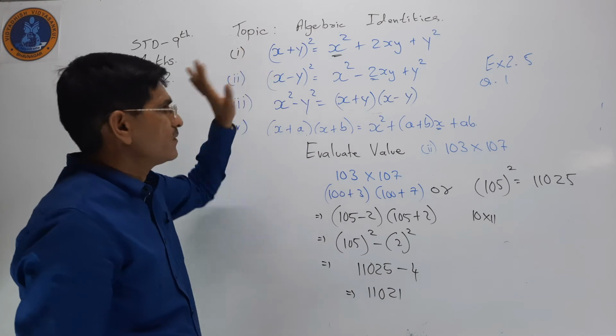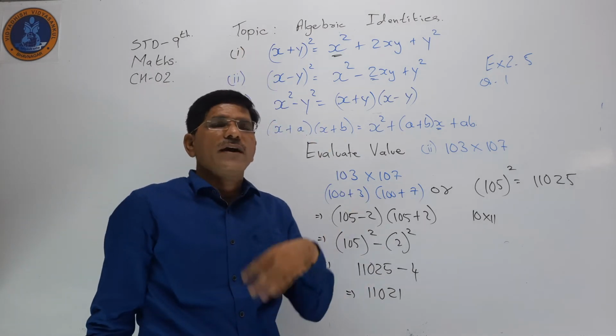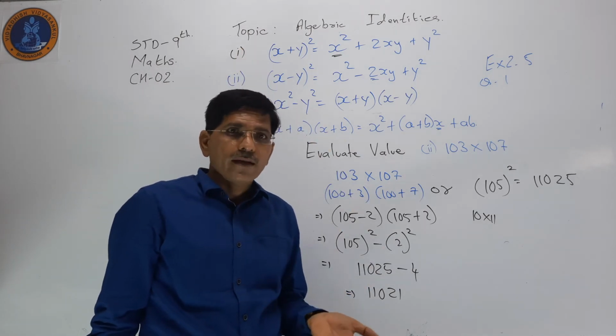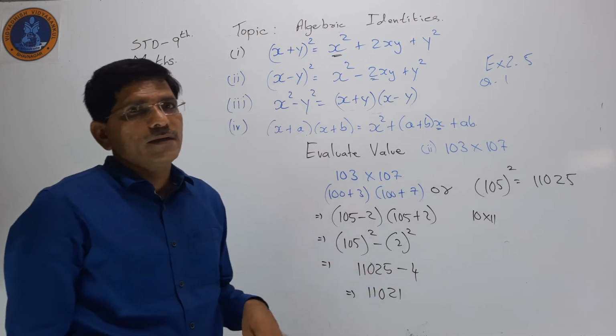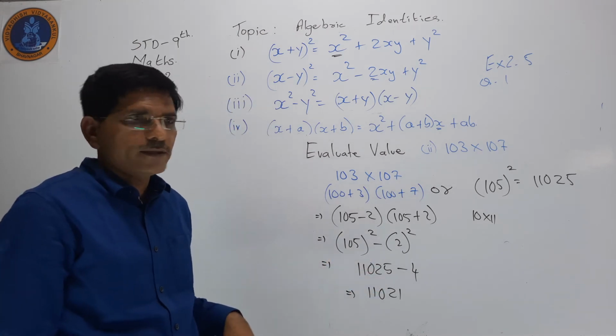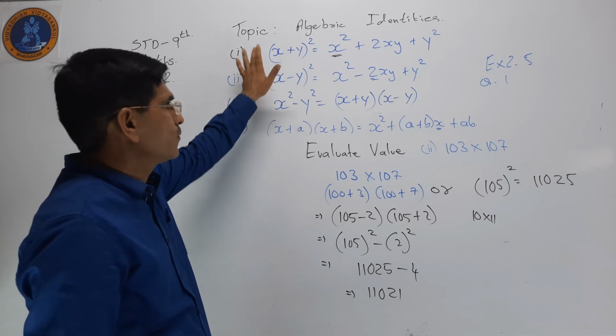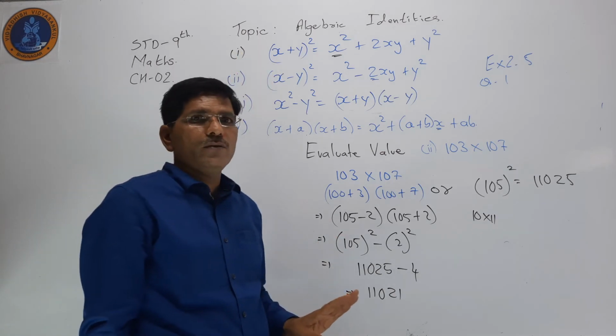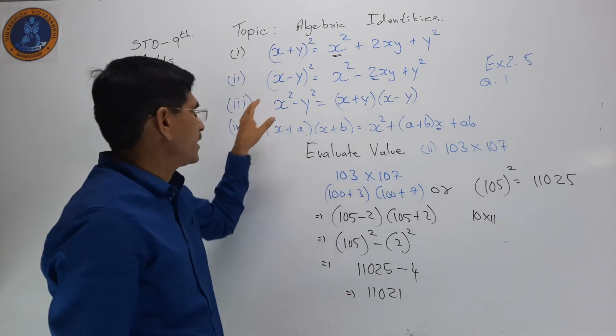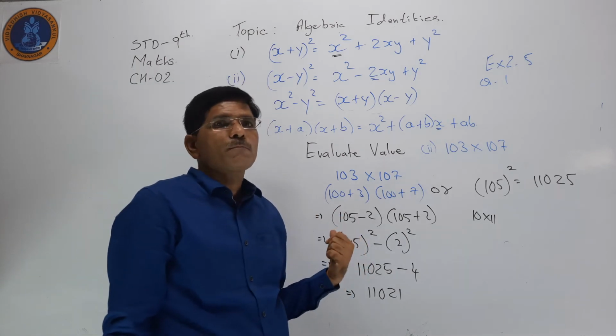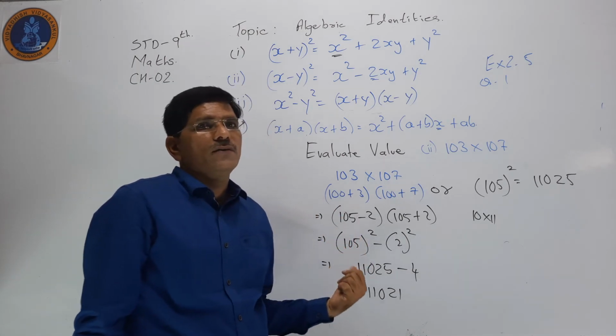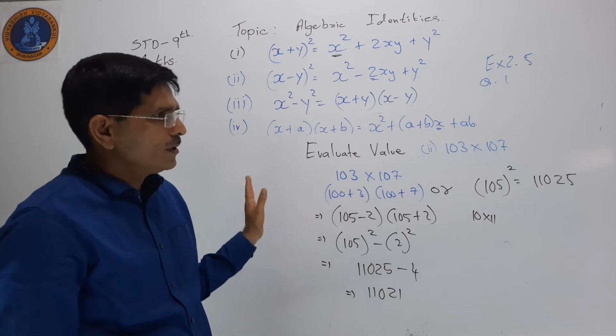The first and second formulas we already used in 8th standard, like 25 square, 30 square, 25 plus 5, 20 plus 5. We have not used the third and fourth, that is why we are using third and fourth. I hope you have written this.